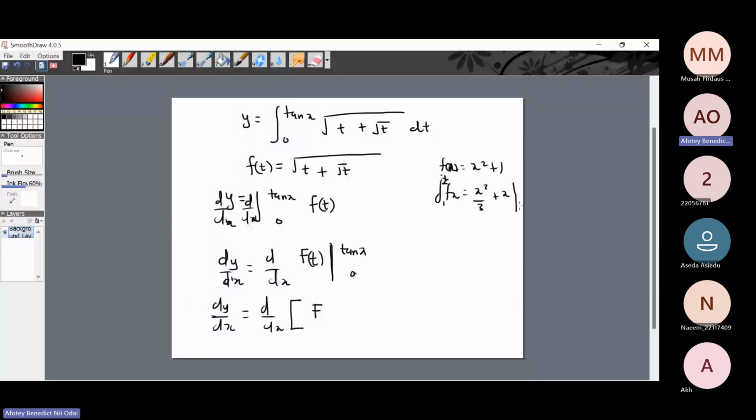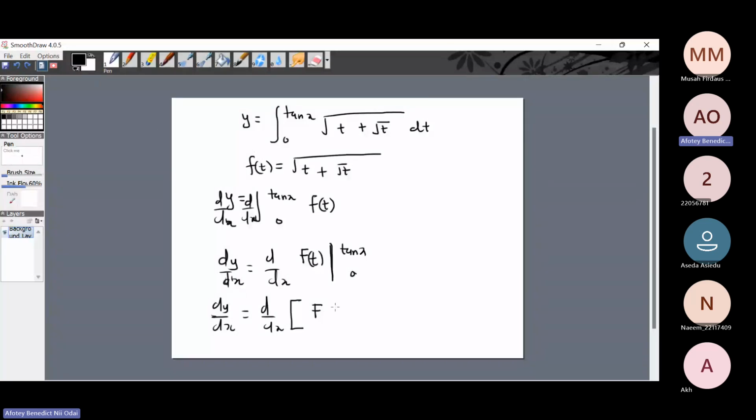So we just put in the 2, then we subtract the 1 from it. So we get 2 to the power 3 on 3 plus 2, minus 1 on 3 plus 1. This is what we are doing. That's the same thing we are doing here, but in the case of the example we are doing, we are using tan x and 0 instead of the 2 and the 1. And of course, instead of the x, we have t.